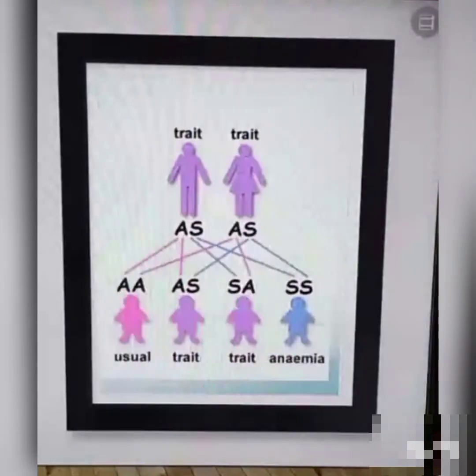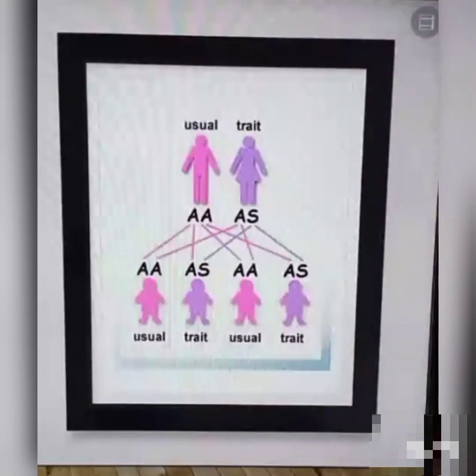An AS person should not marry an AS person. You're also risking the chances that you may have an SS child as outcome. An AA can marry an AS, either man or woman, because they will give birth to healthy children.